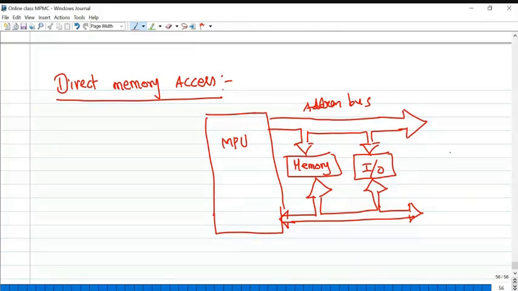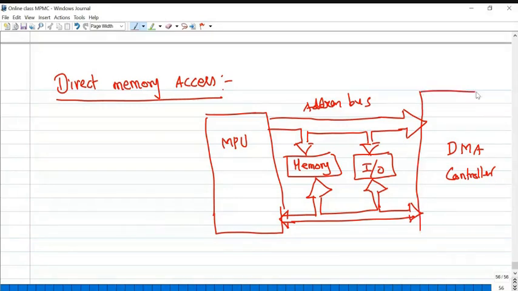Direct memory access means the direct memory access controller, the DMA controller. It's an external device available in the form of an integrated circuit, IC format. In the microprocessor, we studied two important signals, that is HOLD and HLDA.